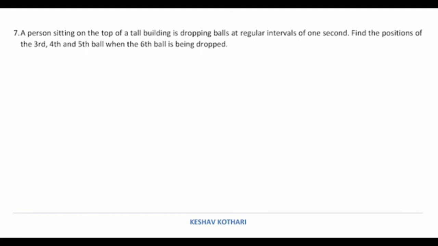So let us start solving the question in this way. We can say that this is the tall building which the question is talking about. And the ball is released in successive intervals from this position.